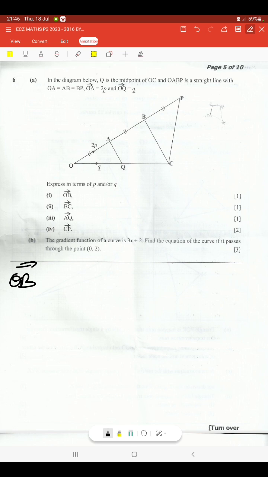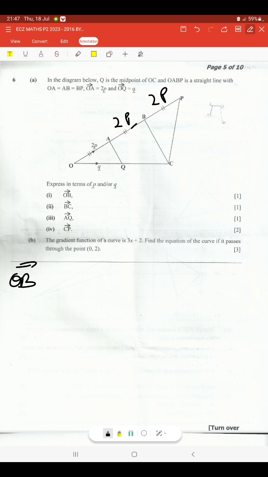So vector OB is a vector from here up to here and in that direction. What we're going to do is find vector OB, and since we know that vector OA equals AB, which is also equal to BP, it means if there's 2P there, then here we have 2P and here also is 2P.